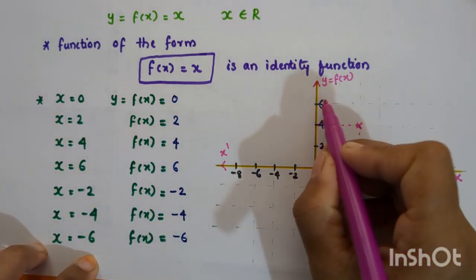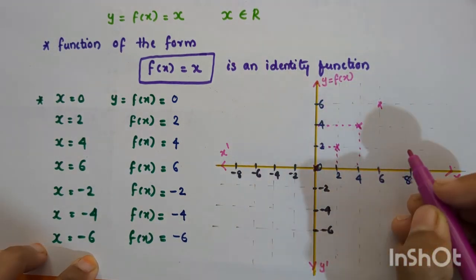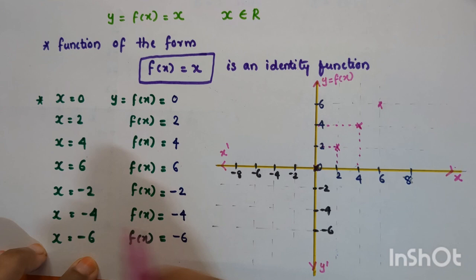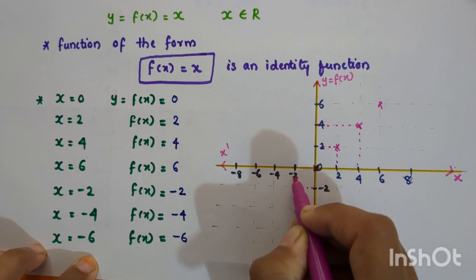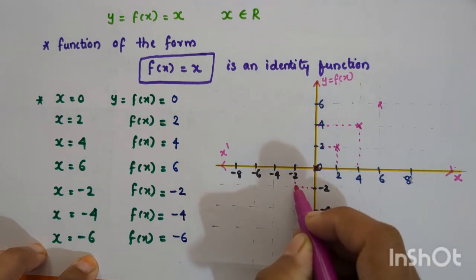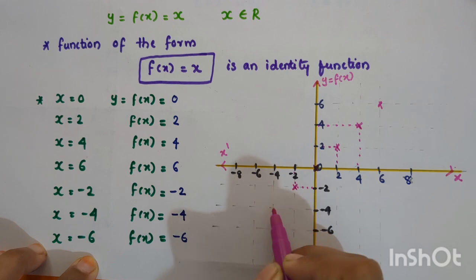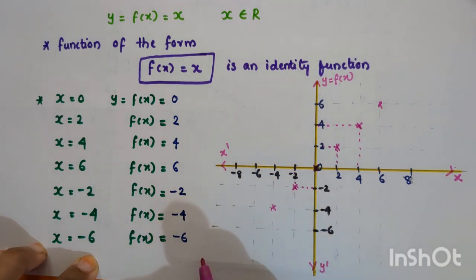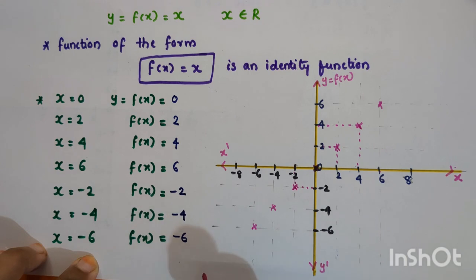So, x is 6, y is 6, and you will get a point here. Similarly, when x is equal to minus 2, f(x) is minus 2. So, x value minus 2, y value minus 2. So, we will get this point. Minus 4, minus 4, we will get a point here. Minus 6, minus 6, we will get a point here.